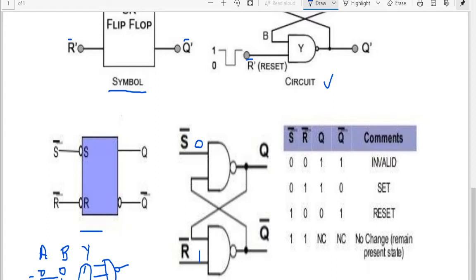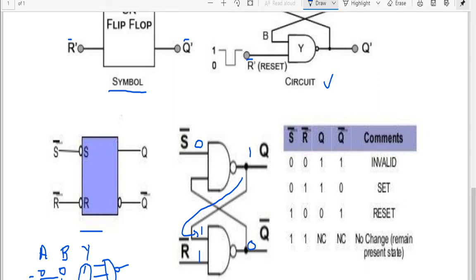So the value of this Q is going to be 1. So this 1 is going to come to this input here. So when it is 1 1, both the inputs are high to the NAND gate, it is going to be low.